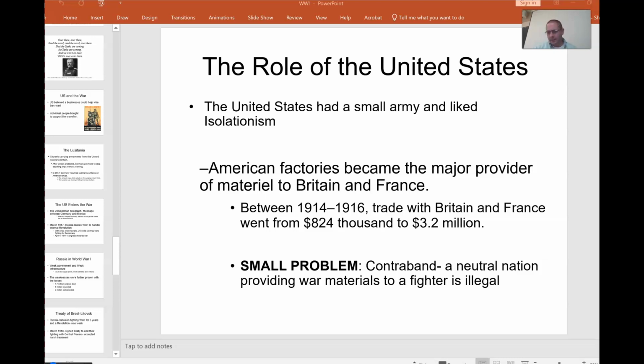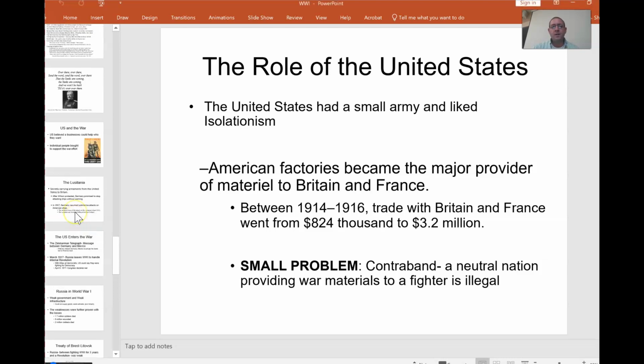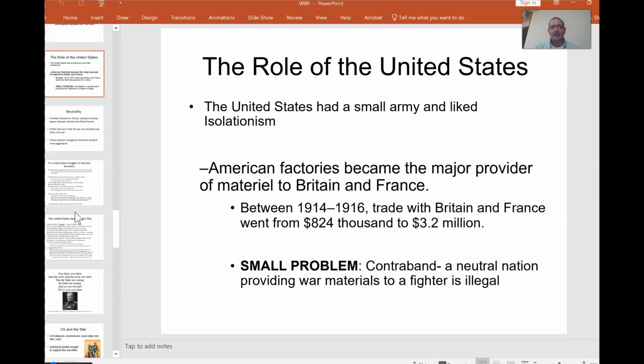But the United States does, in fact, begin to trade with the Allied side, right? With the British, the French, and the Russians. Now, what they essentially do is they reduce their trade with the Germans to basically nil, and they shift their money towards the Allies, as I've said.